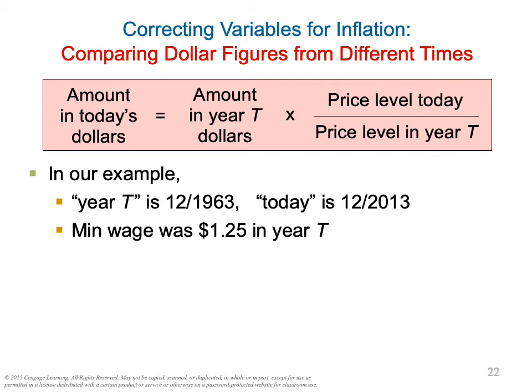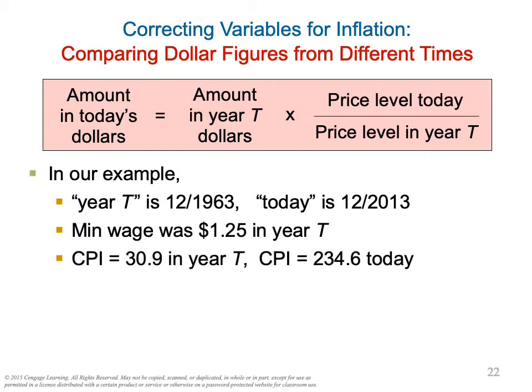So the minimum wage again in year t was $1.25, and the CPI in year t was 30.9, and the CPI today is 234.6. So using these numbers, we can figure out what was the value of minimum wage in 1963 in terms of dollars from 2013.